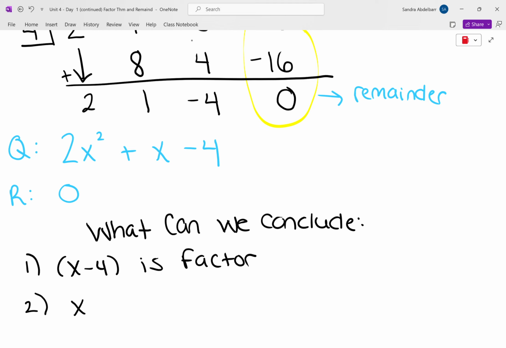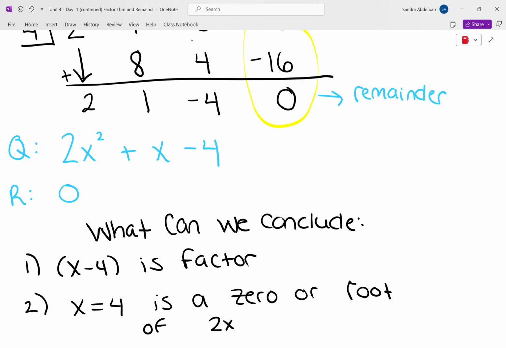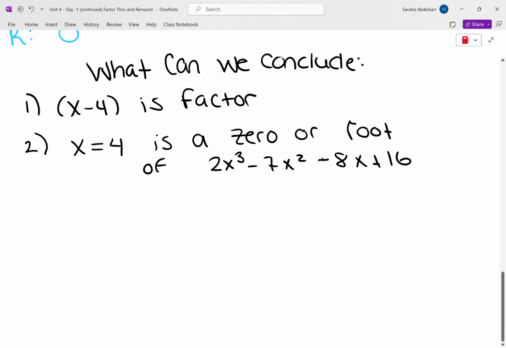And we can also conclude that x equals 4 is a 0 or root of the polynomial 2x cubed minus 7x squared minus 8x plus 16.